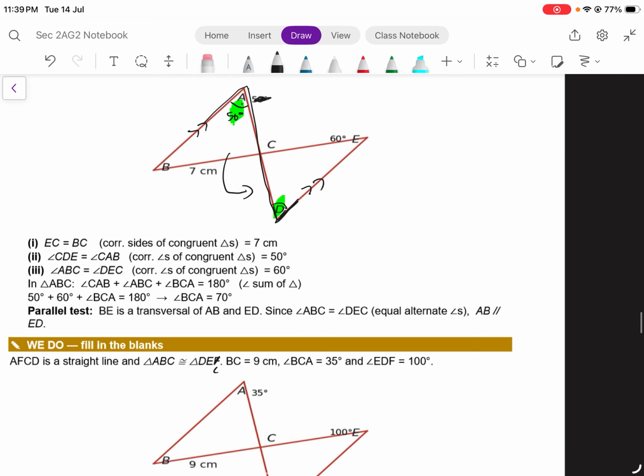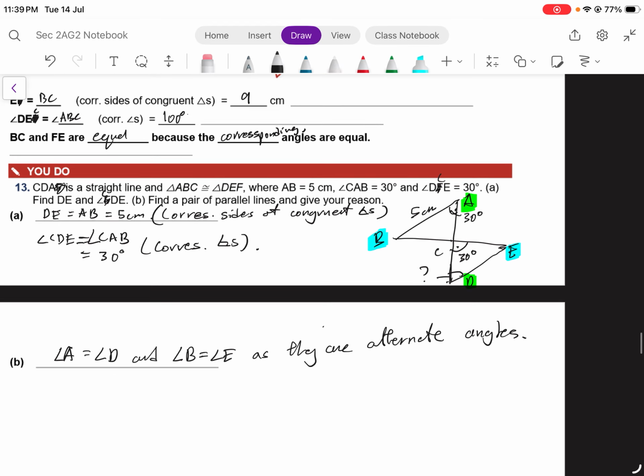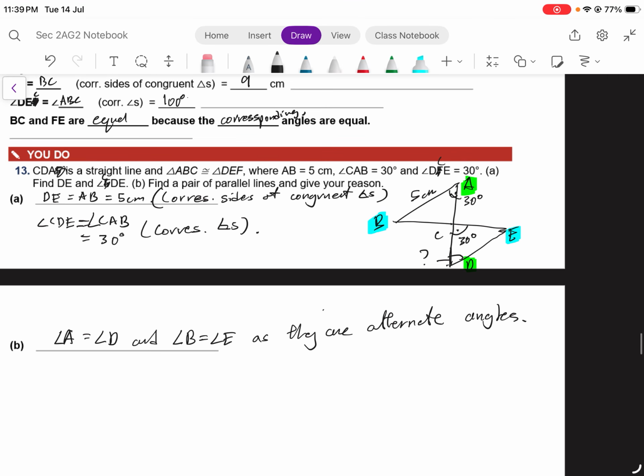Following this one, we can also state the lengths, but they are not given now.